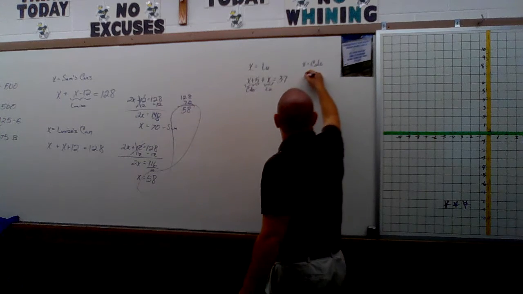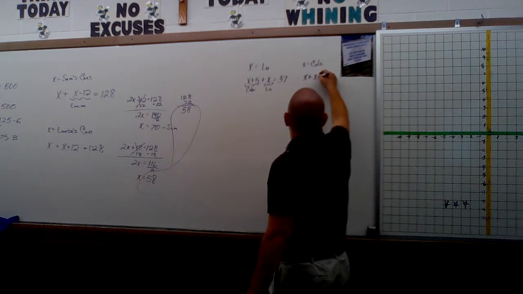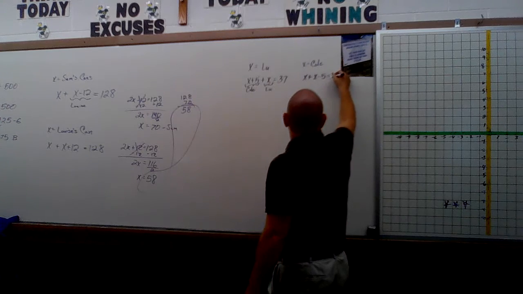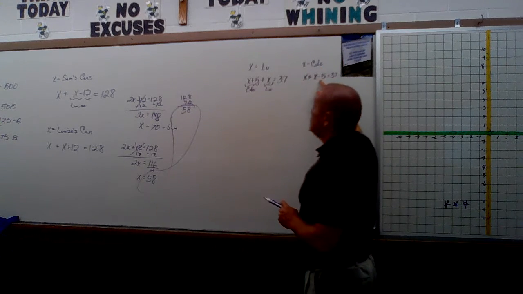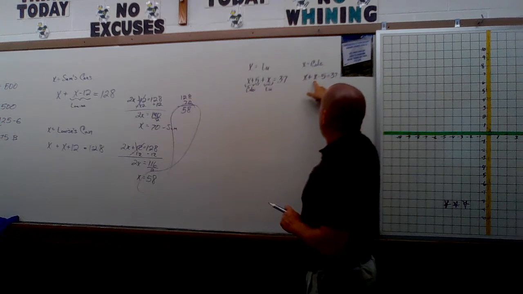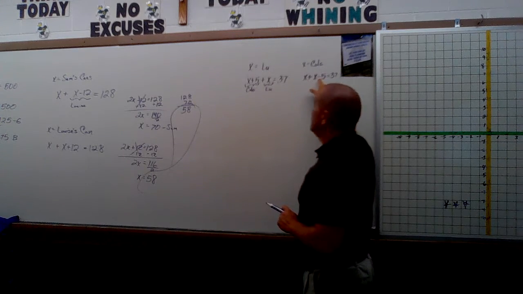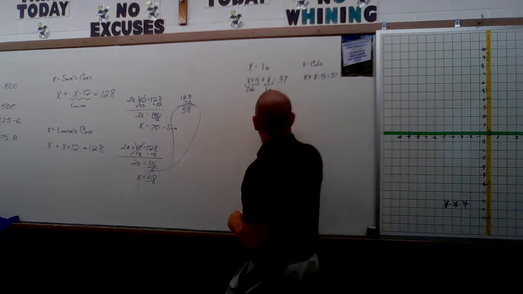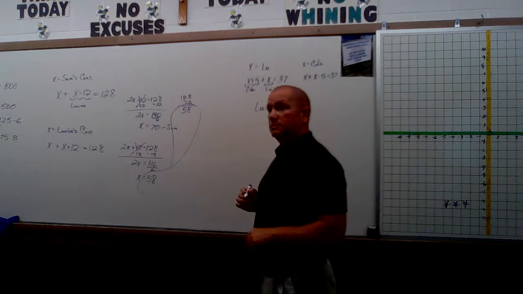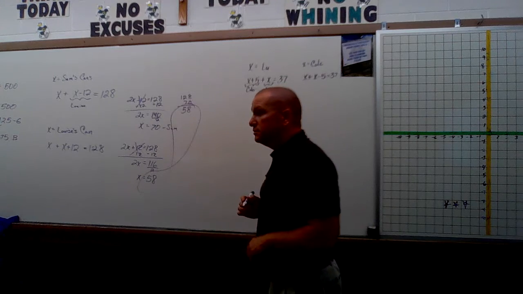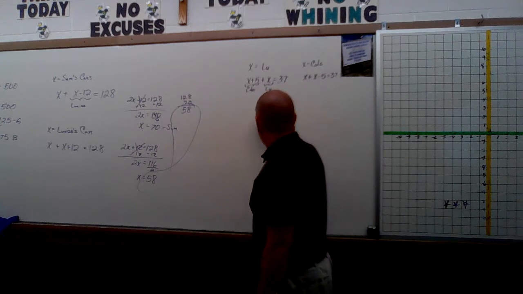The only thing that changes is that we have X plus X minus 5 in Miley's, right? Because Cole is 5 years younger than Luann, or Luann is 5 years older than Cole. Either case, he came up with Luann being how much? 16. And Cole is? 11.